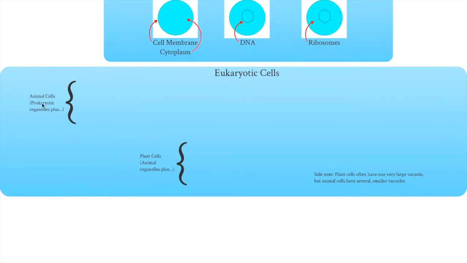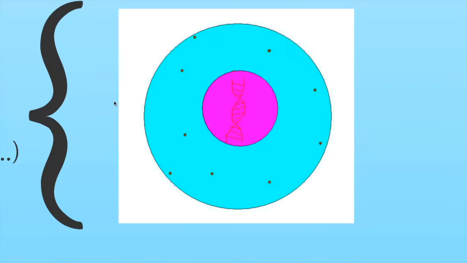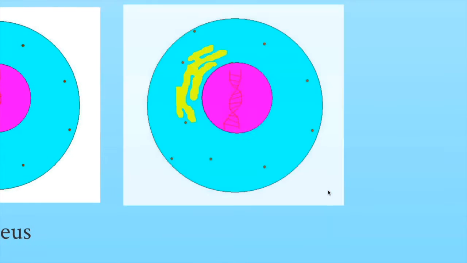Animal cells have all the prokaryotic organelles, so the membrane, the cytoplasm, the DNA, the ribosomes, but they also have lots of additional organelles. One is that they have a nucleus, and this helps protect the DNA. All eukaryotic cells have a nucleus. That's actually one of the driving characteristics that makes eukaryotic cells different than prokaryotic cells, that they have a nucleus to protect their DNA.